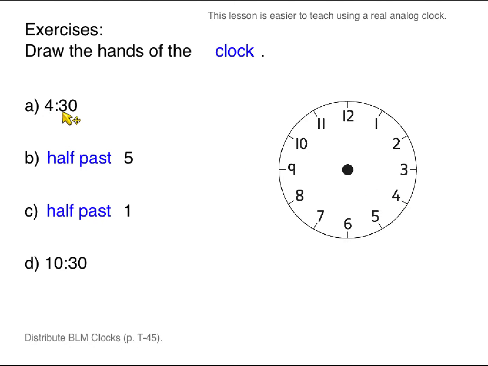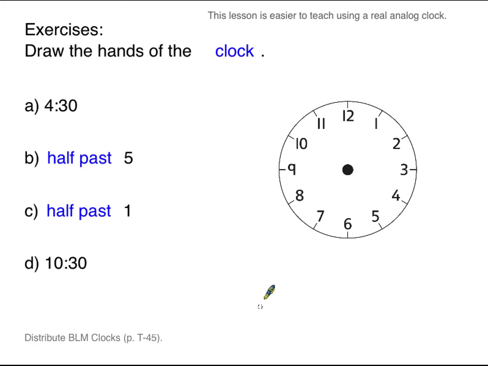So this is 4:30, 5:30, 1:30, 10:30. So these are all the same in that the minute hand has to be pointing at the same number.